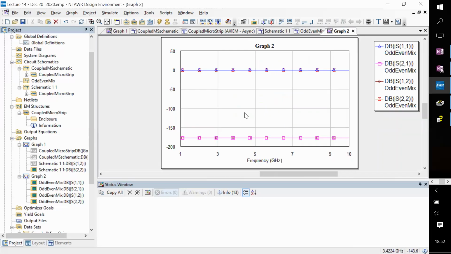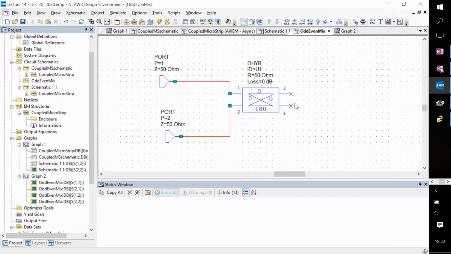Now, these are open ends, right? So open ends means they reflect with unity reflection coefficient, +1, and it's the same for both of them. If I put a short circuit, so connect to ground for both of them, again, it's the same.